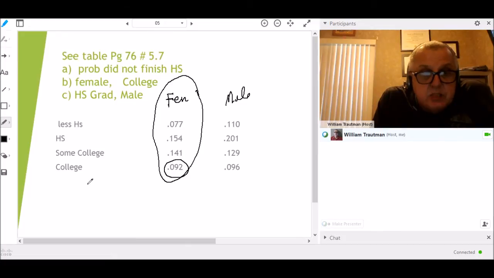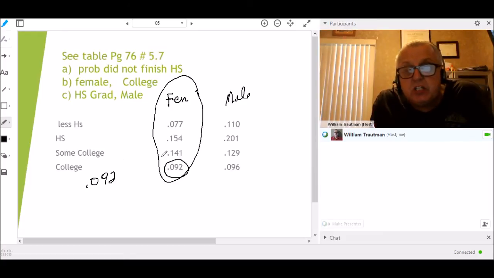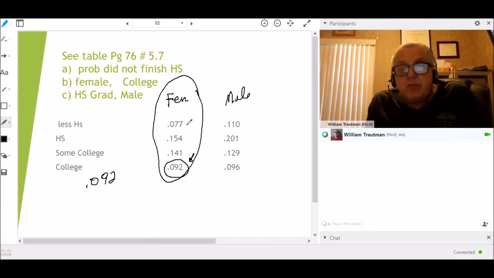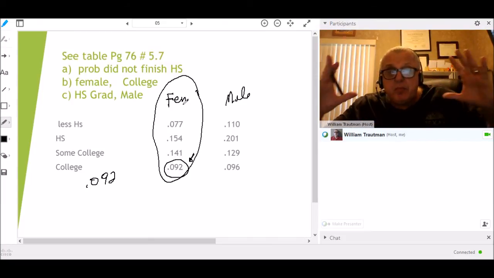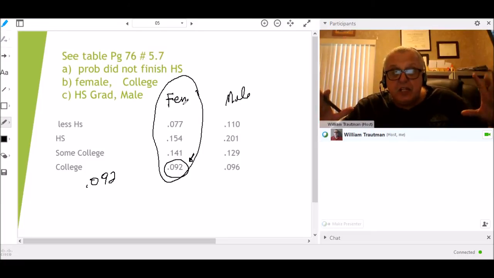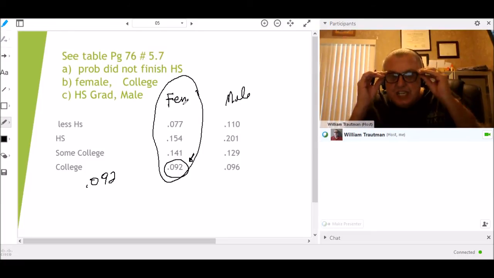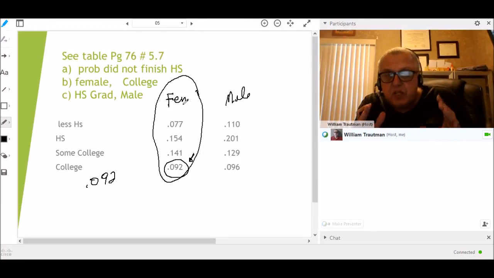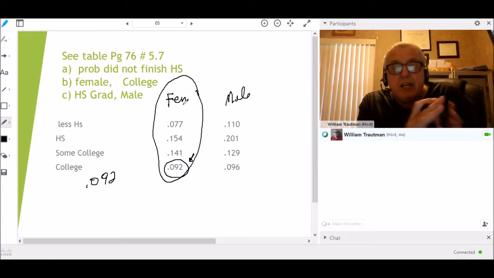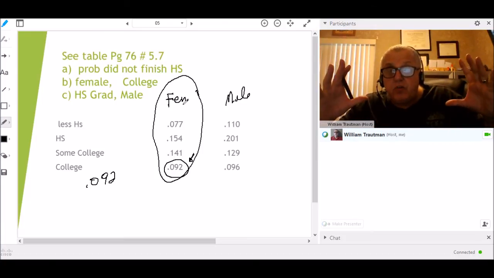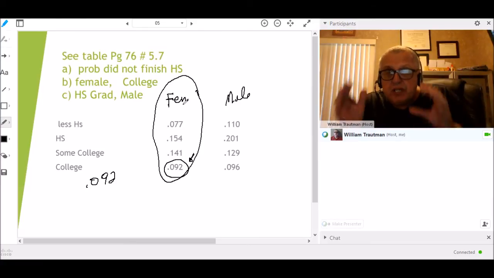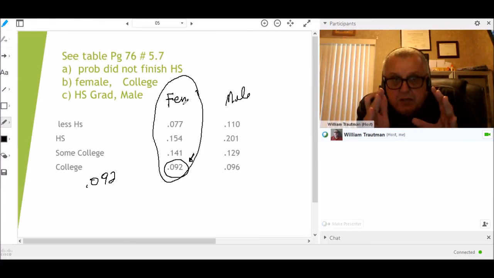Well, it's 0.092, but this 0.092 deals with the entire population, with the females and the males. We want to focus just on the females. So instead of saying over 1, over the entire thing, we want to say just over the females.